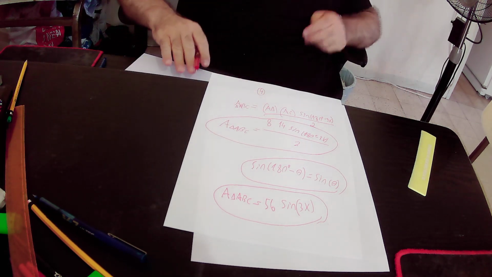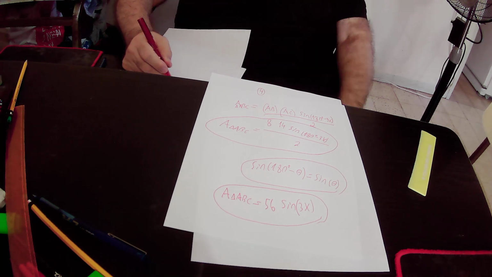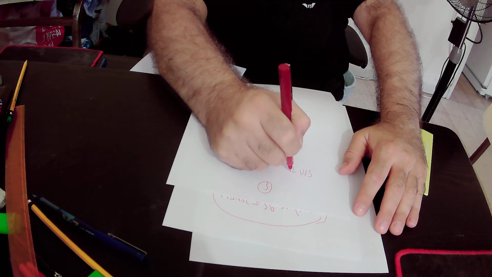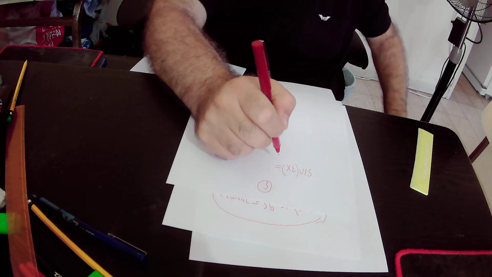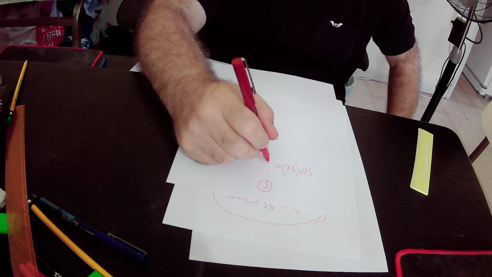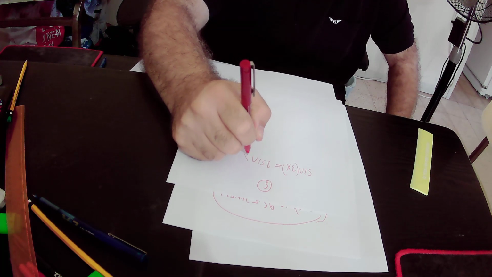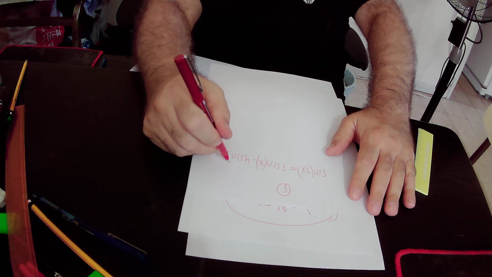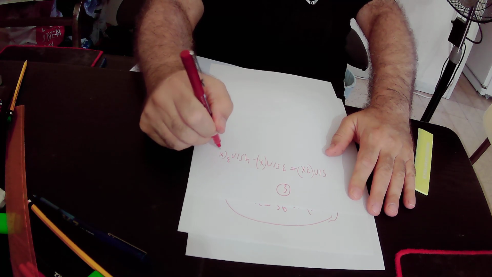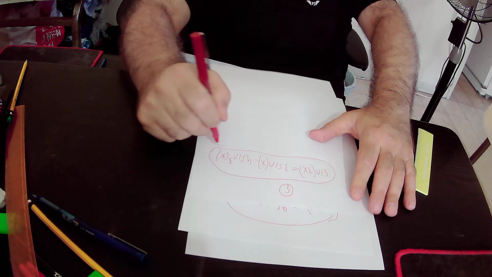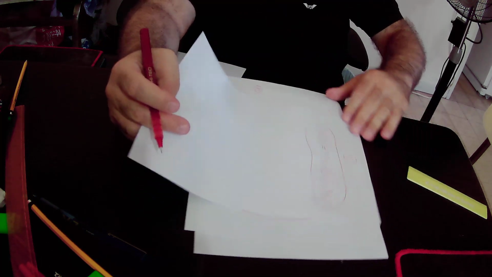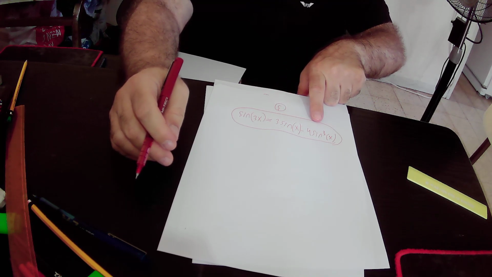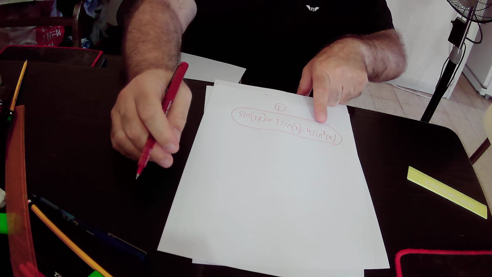We have the second trigonometric identity that states that sinus 3x equals 3 sinus x minus 4 sinus x to the power of 3.